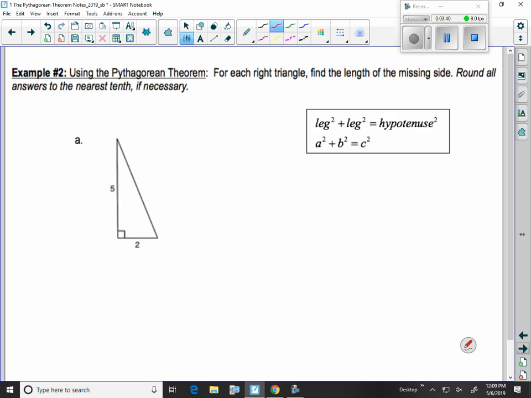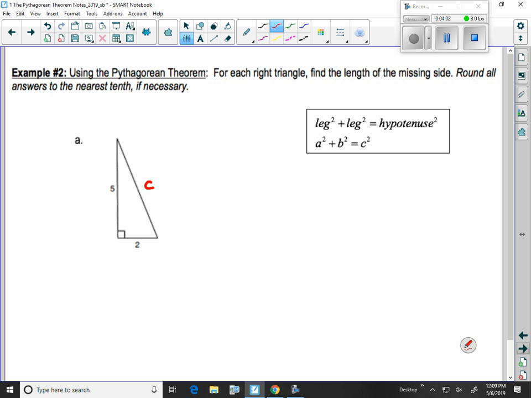All right, using our Pythagorean theorem, for each right triangle, find the lengths of the missing side. Round all answers to the tenth. What side is missing, A, B, or C? C. I like to fill it in so I can see what I'm looking for.